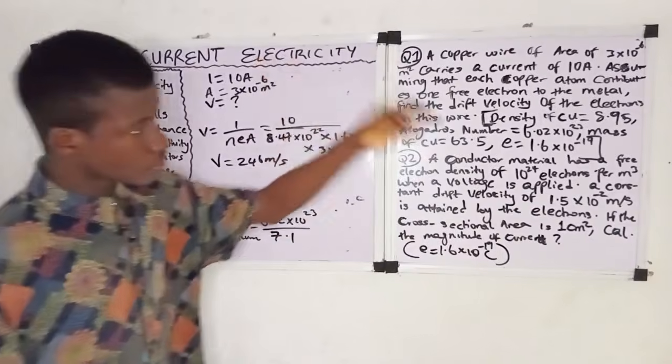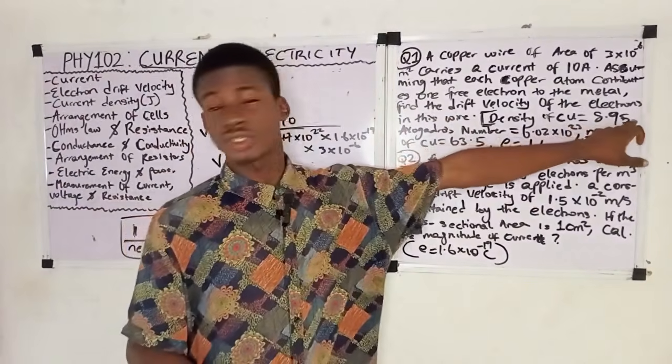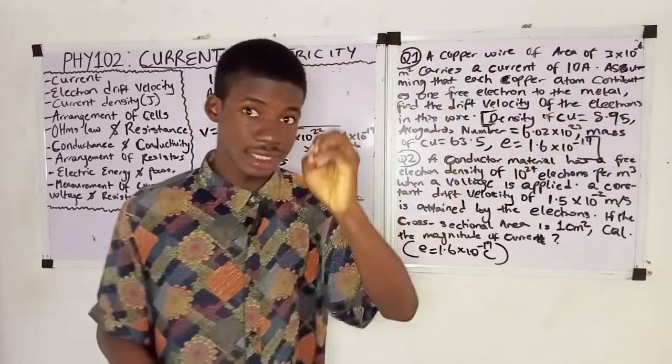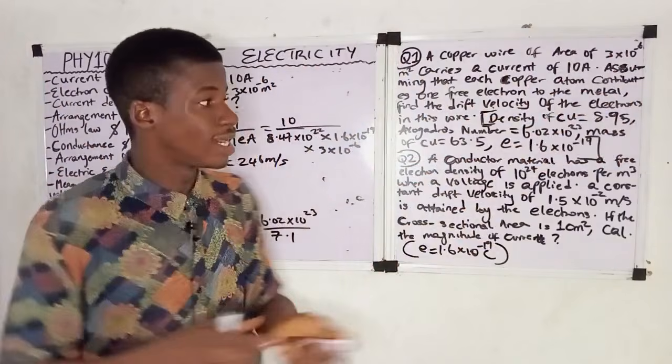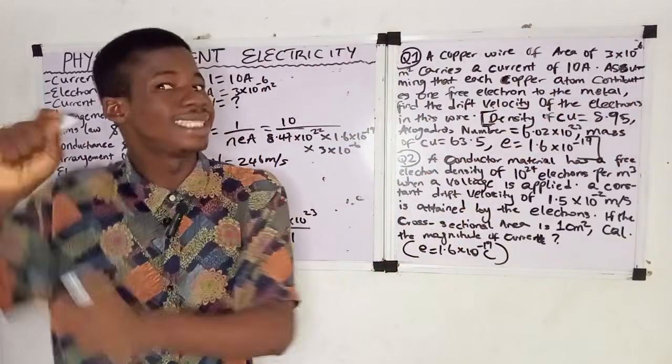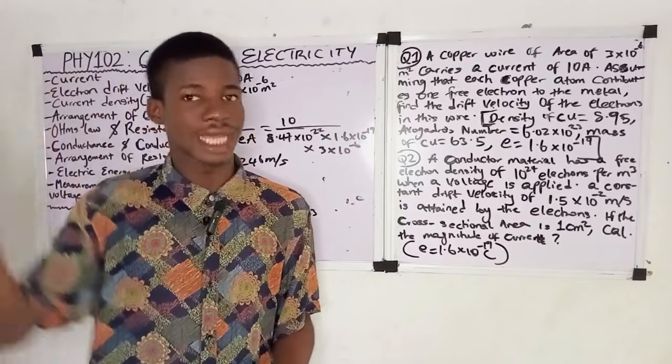But in the question, the density of 8.95 was given in gram per centimeter cube. So we need to convert that centimeter cube to meter cube.